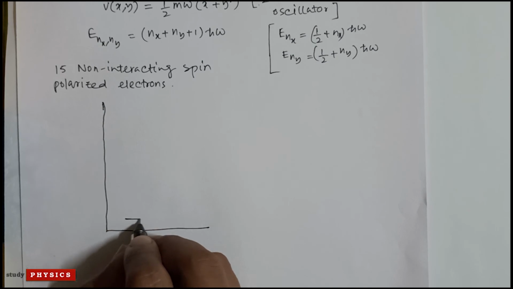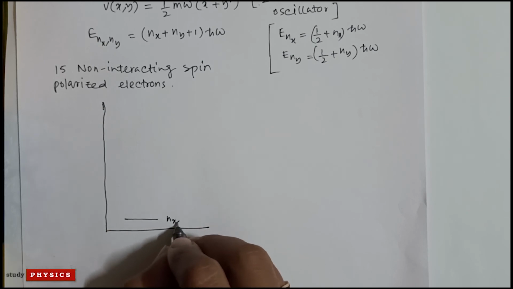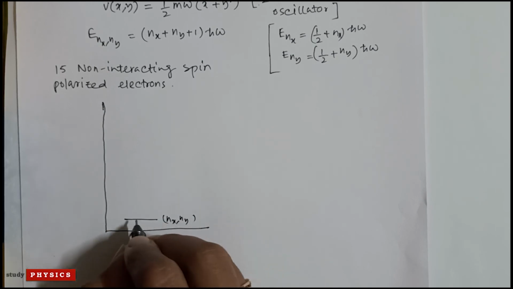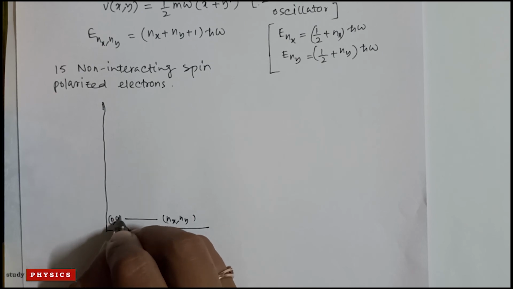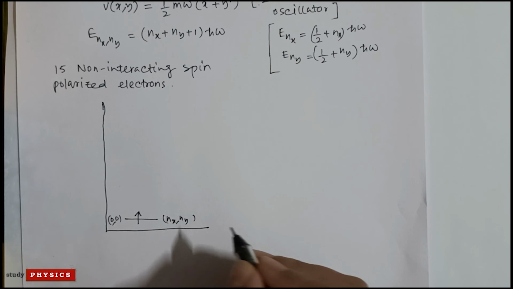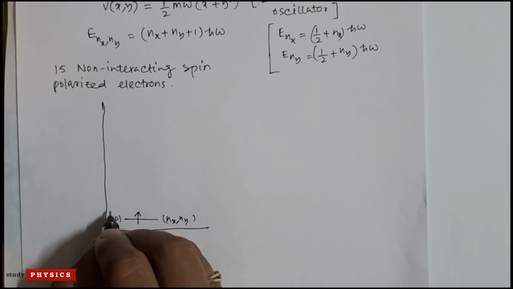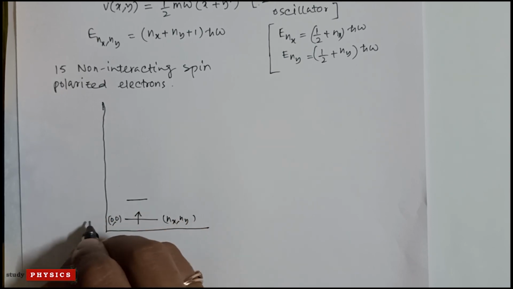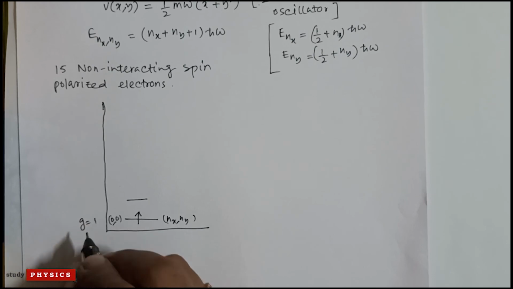So when nx, ny is 0, 0, here is one polarized electron, and here degeneracy is 1.